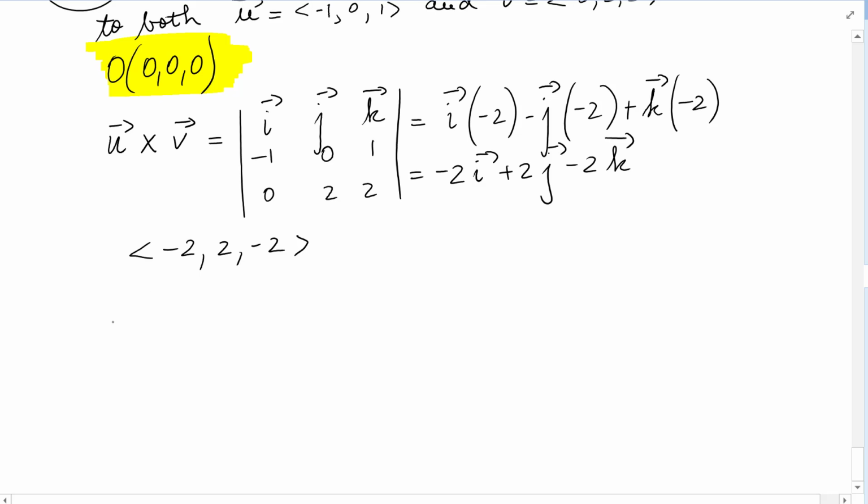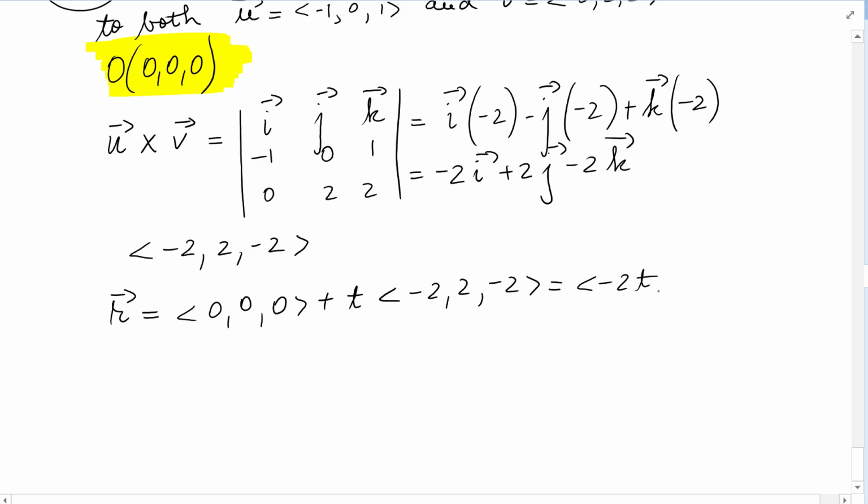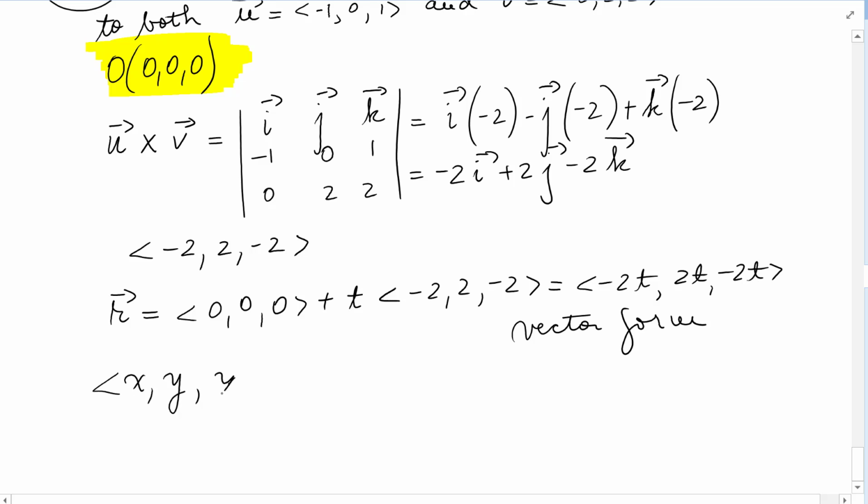So we get r equals the 0, 0, 0 plus t times -2, 2, -2. So we get -2t, 2t, -2t. This is the vector form. And the parametric form is when instead of r we put x, y, z.